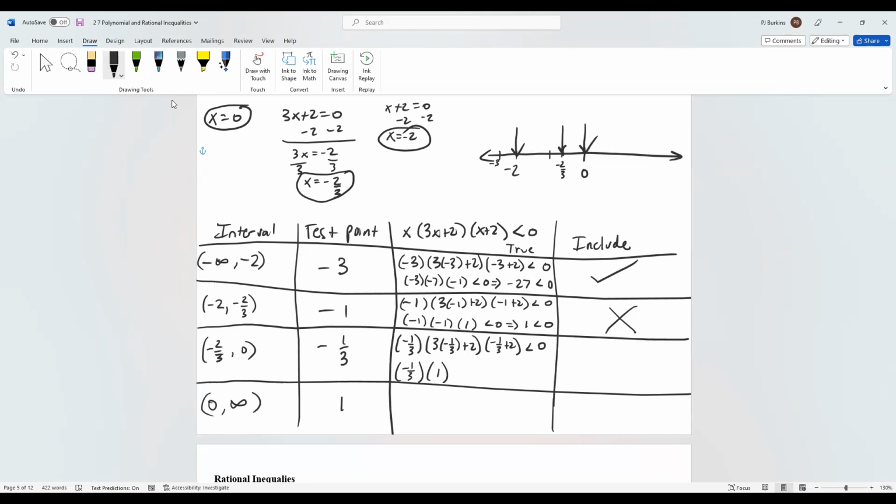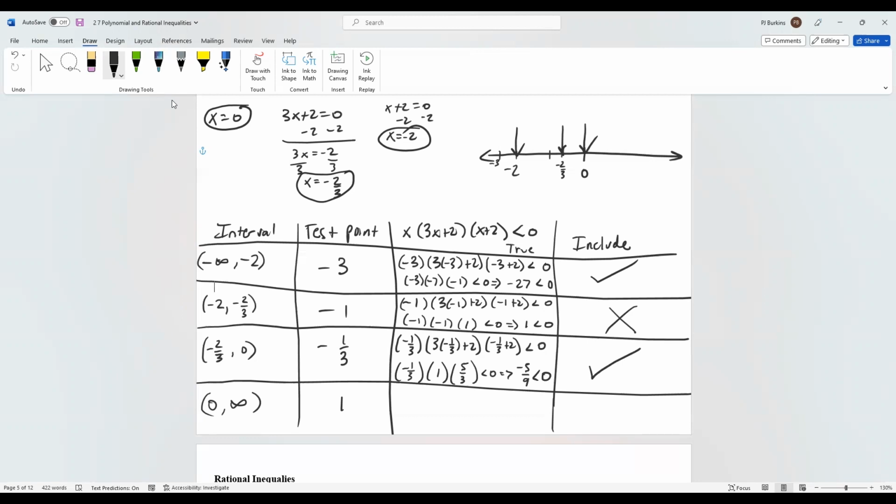And then -1/3 plus 2. Well, 2 is 6/3 minus 1/3 makes +5/3. So this all results in -5/9, which indeed is less than 0. So we include that region.